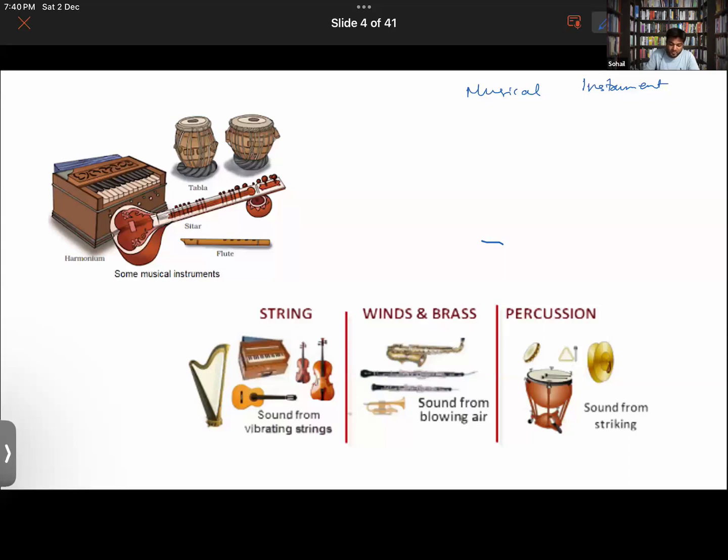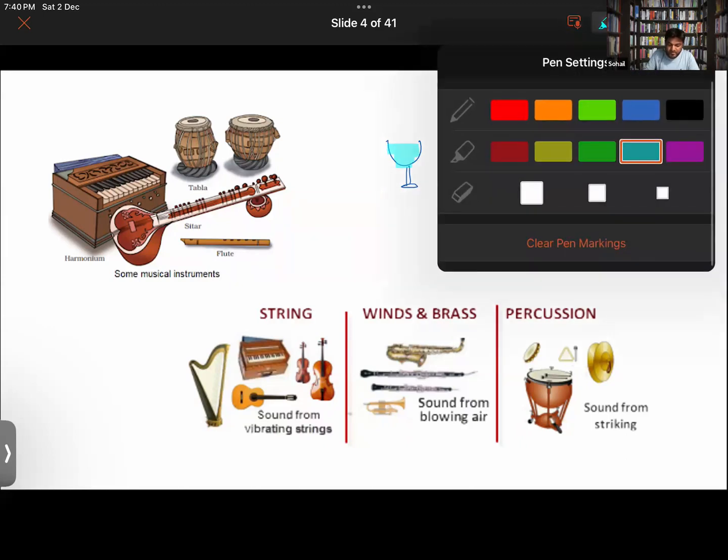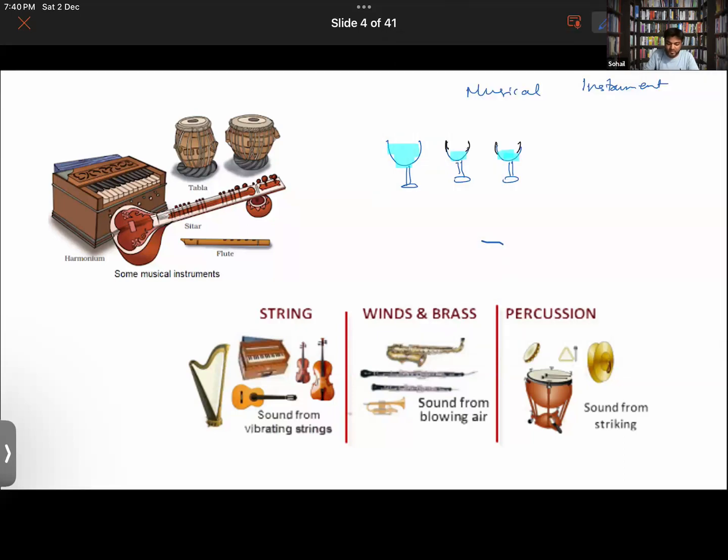Simply वहाँ पर क्या होता है? Look here. Say you are having different cups, and they are filled with different amounts of water. This much, this much, this much. When the water vibrates in the first one, only this much air is in contact with the water.